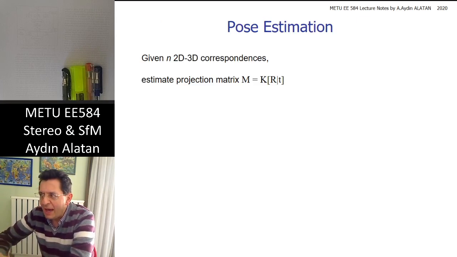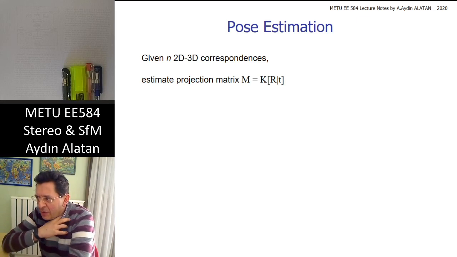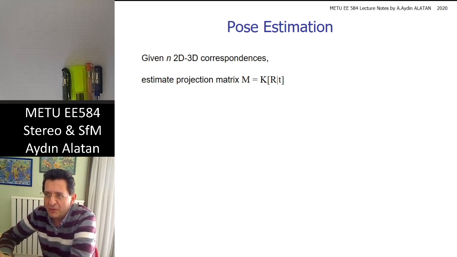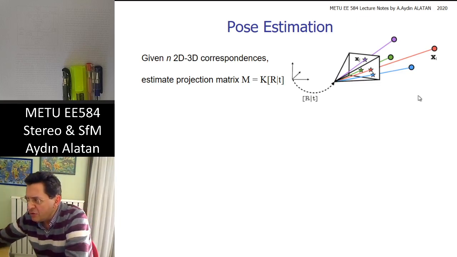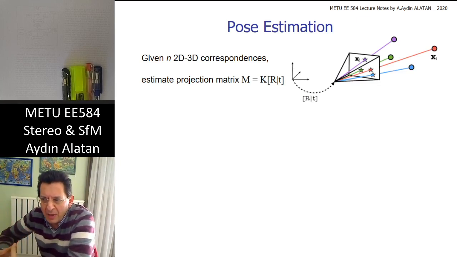Okay, now I assume I have n 2D-3D correspondences, and I'm going to try to estimate the projection matrix. The projection matrix should give me the internal calibration, K, and the rotation and the translation, the transformations between 2 coordinate systems. One is the world coordinate system or object coordinate system, something easy to make measurements in.